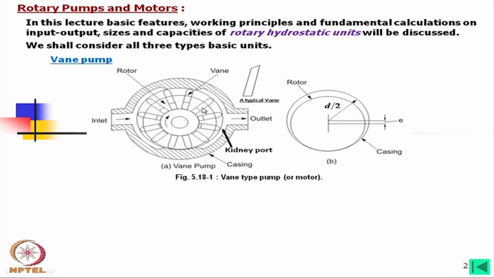On this circular cam, which is like a barrel, a cylindrical body, there are radial slots of uniform thickness. In that slot we can put the vanes. Vanes are nothing but flat plates of uniform thickness, highly finished, so that they can run smoothly within this groove.